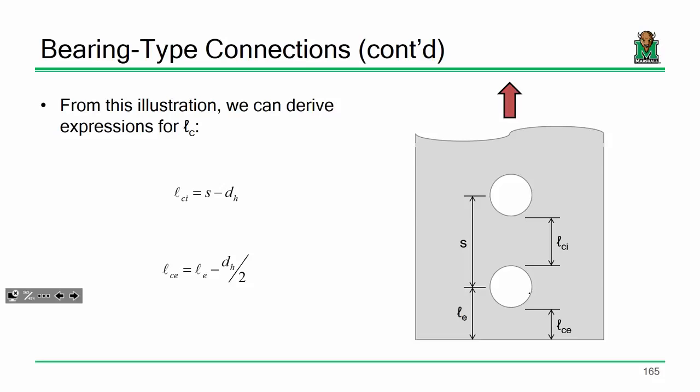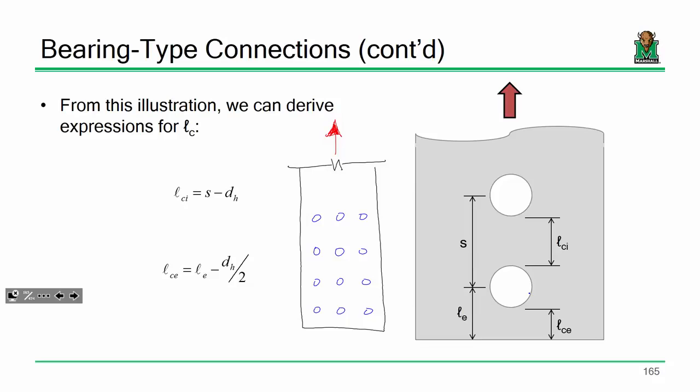Sound good? Now, while I'm at it, let me go ahead and draw another connection to clarify some things, because I want you all to help me out with identifying this. All right, so let's say I've got a connection and I'm yanking on this. Okay? So let's draw out some bolts. Let's see, we got 1, 2, 3, 4, 5, 6, 7, 8, 9, 10, 11, 12. Okay. All right, so let's say I've got this. Our edge bolts are the ones that are going to be located towards the back end of the plate.